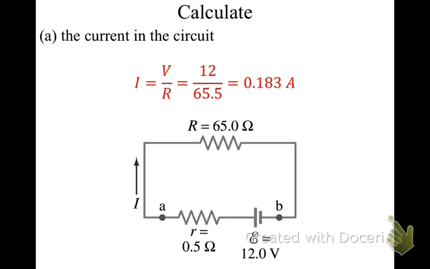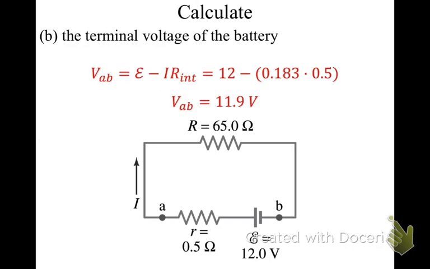It's the equivalent of a perfect battery with a little half-ohm resistor. So it's 0.183 amps, not 12 over 65, because that would assume there was no internal resistance, but there is. So we're going to get a slightly smaller current. It's 0.183 amps.